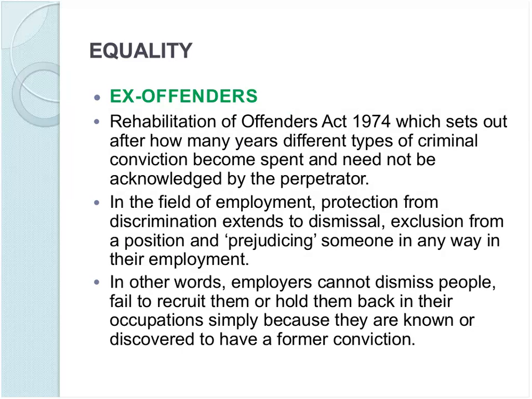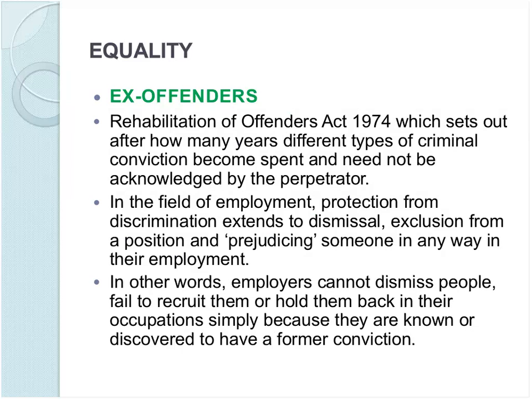Next one. So, ex-offenders. The Rehabilitation of Offenders Act 1974 sets out after how many years different types of criminal conviction become spent and need not be disclosed by the offender. In the field of employment, protection from discrimination extends to dismissal, exclusion from a position, and prejudicing someone in any way in the employment.